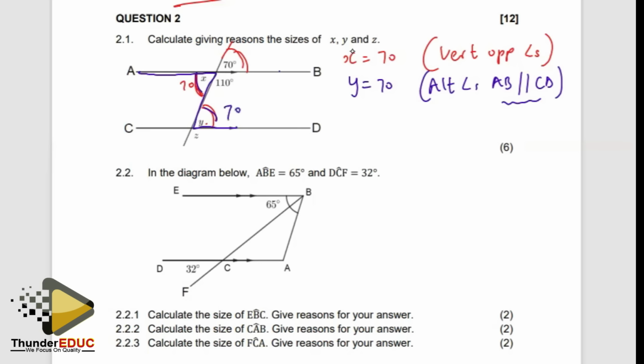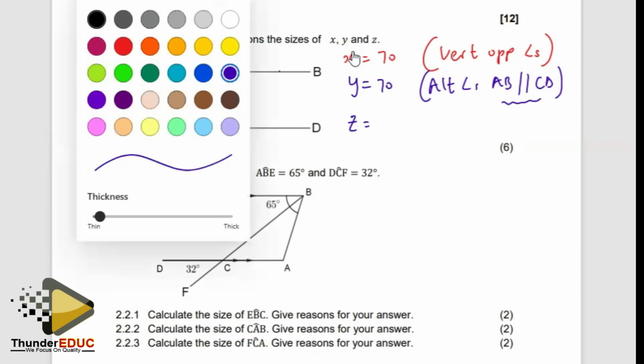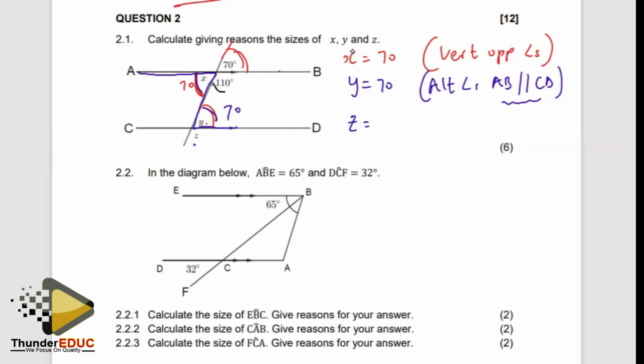Okay? And then for us to get z, we know that if this is a 110, even this can be a 110 because they are creating an F. So 110 and 110. So we can say those are corresponding angles. AB is parallel to CD.